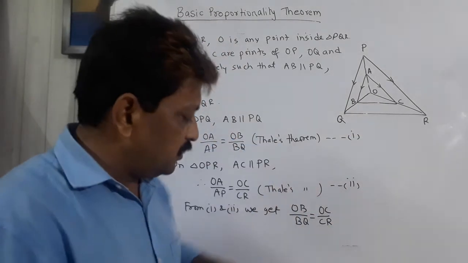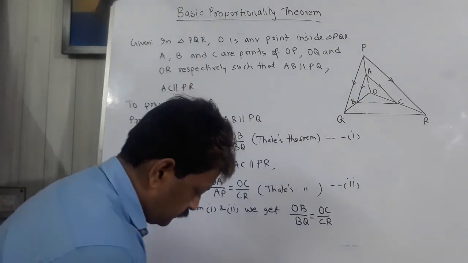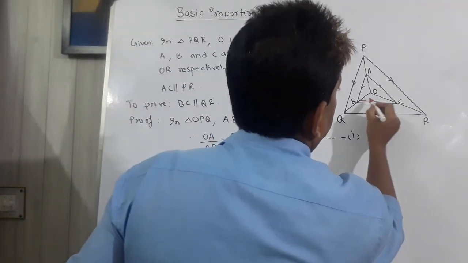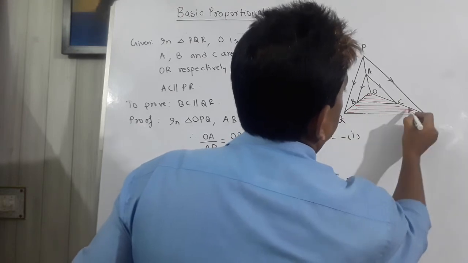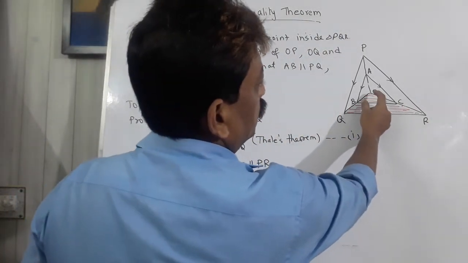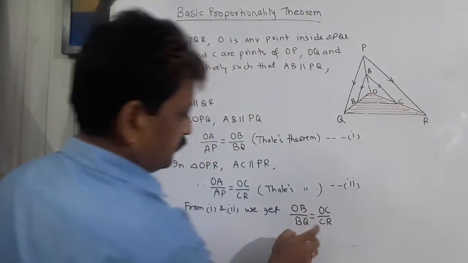Now consider this triangle. We have got that the ratio OB upon BQ is equal to OC upon CR.